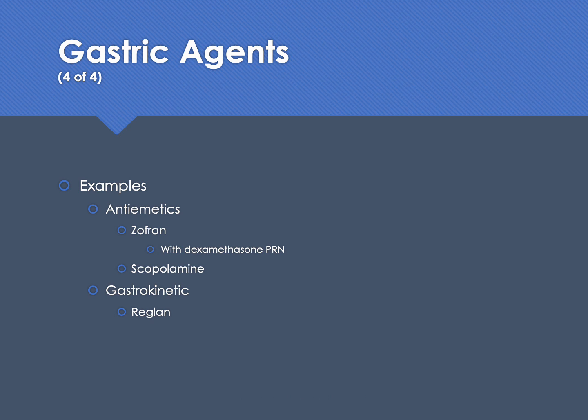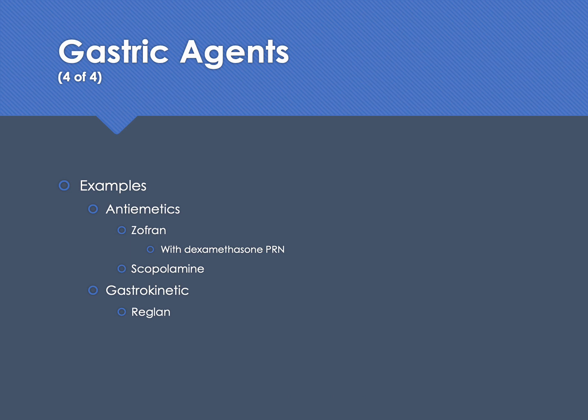Droperidol, which is also called Inapsine, is an antiemetic, and it also has sedative properties, but it isn't used that much because it increases the risk of some fatal cardiac arrhythmias.